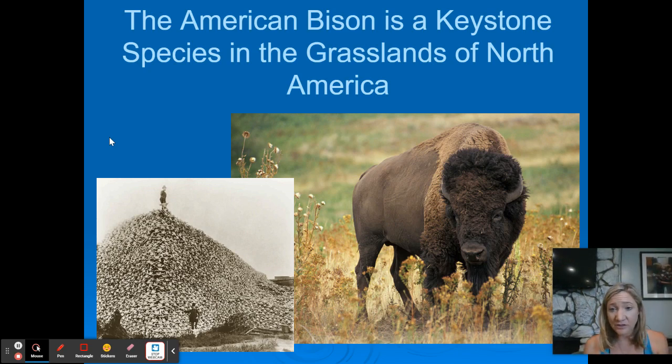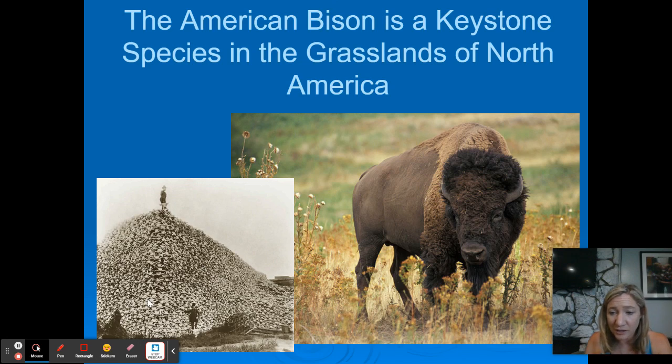The white guys came along and just said, hey, we'll take that hide, and didn't really use it, but they knew that it would push... not all of them, right? Not every single group of white men who came here, but a lot of them wanted to hurt the Native American people and knew that they lived off of bison for food, and so pushed them closer to starvation by eliminating them. So that's what you see there, a whole bunch of dead bison heads.